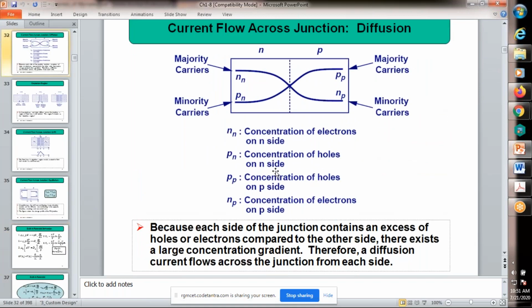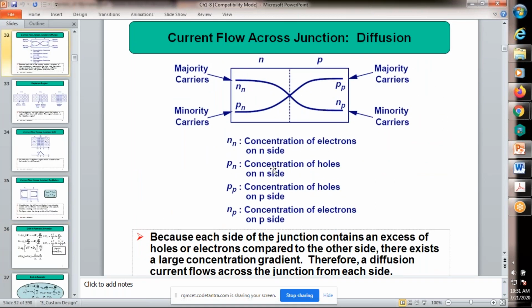So far, let me quickly repeat once again. Before forming a junction, in N type the majority carriers are n_n and the minority carriers are p_n. How to calculate n_n and p_n we already know.